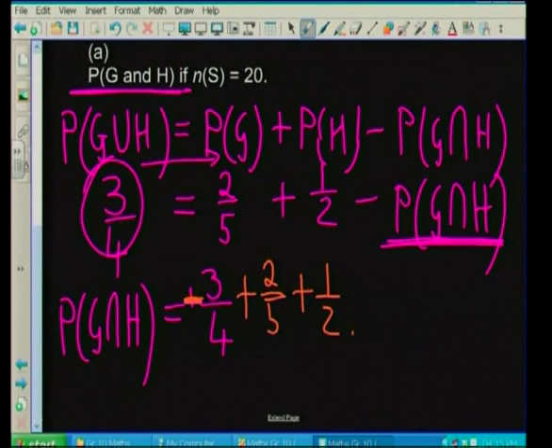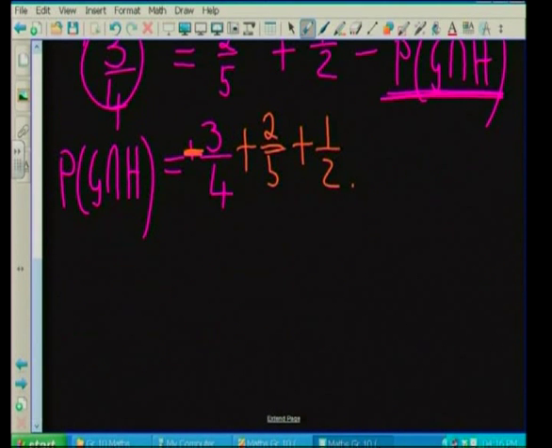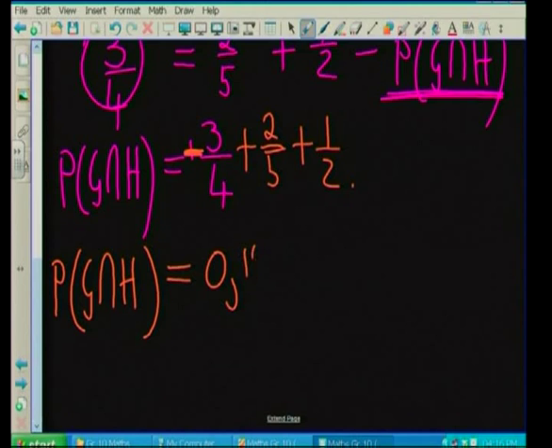And I end up with the probability of G intersection H is 0,15. Guys, so this is completely numeric. Everything deals only with probabilities.